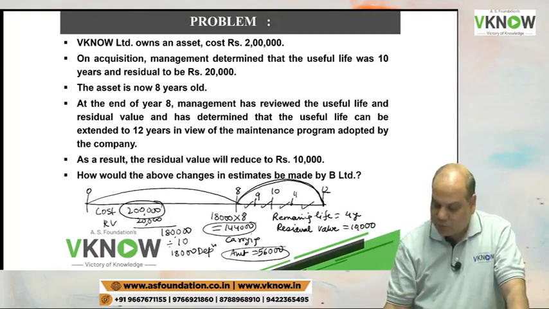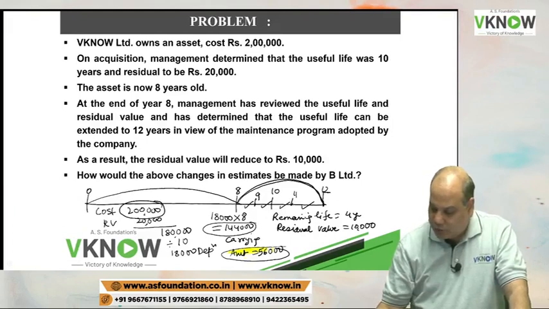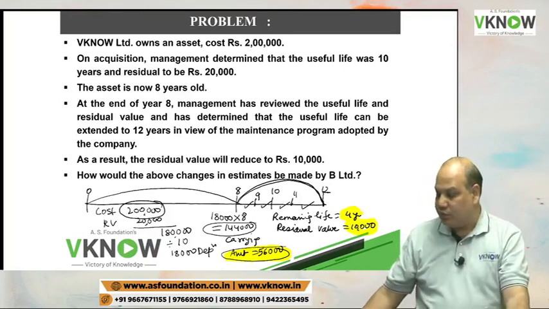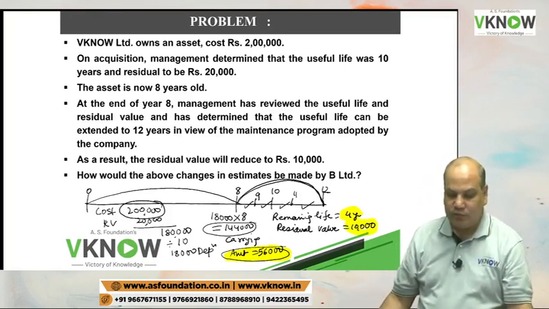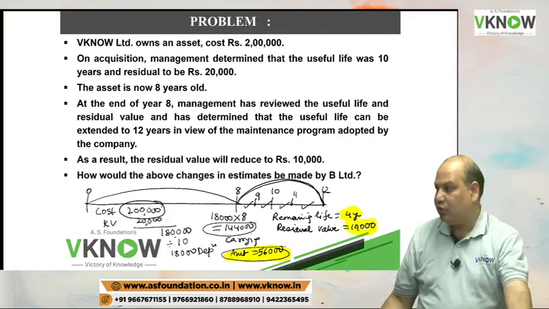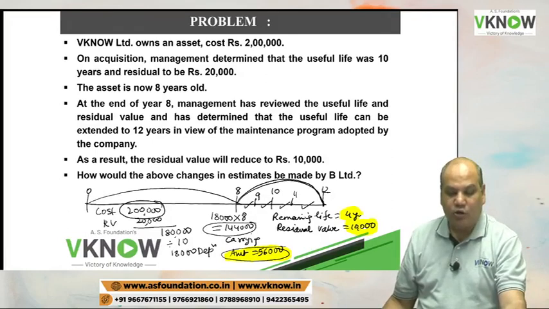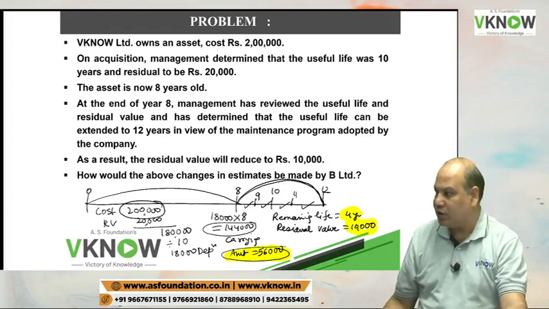Carrying amount is 56,000, remaining life is 4 years, and the revised residual value is 10,000. Will the revision in the depreciation be prospective or retrospective, and how much depreciation would be charged in years 9, 10, 11, 12? Assume straight line method.